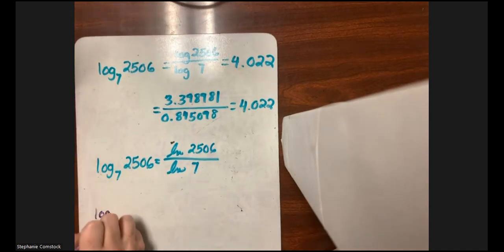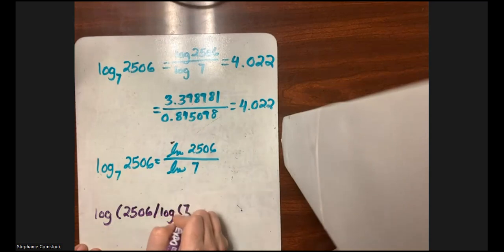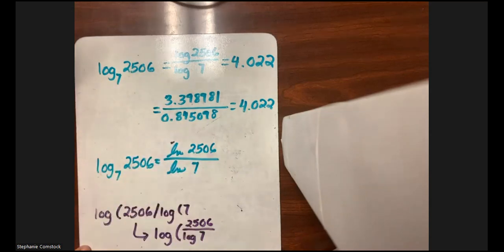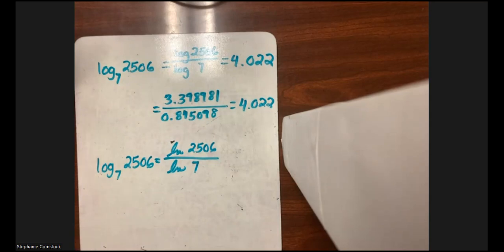Also, on your calculator, and this works for log or natural log, remember I said you have to close that set of parentheses right here? If you did not close that set of parentheses, what this is saying is log of 2506 divided by log 7. And this statement is not the same as either of these. So we've got to make sure that we are closing that set of parentheses.